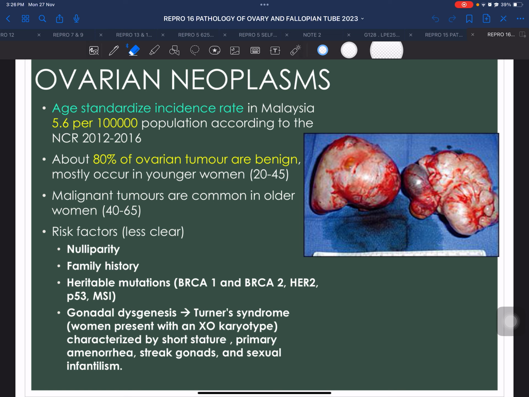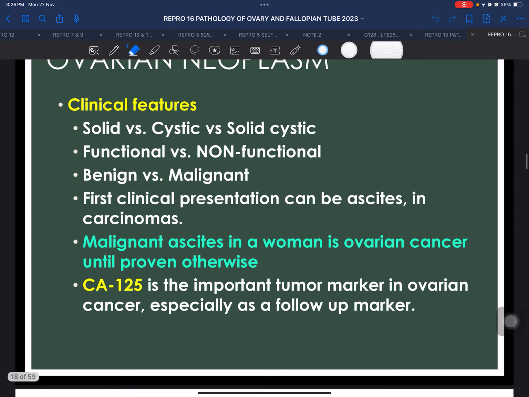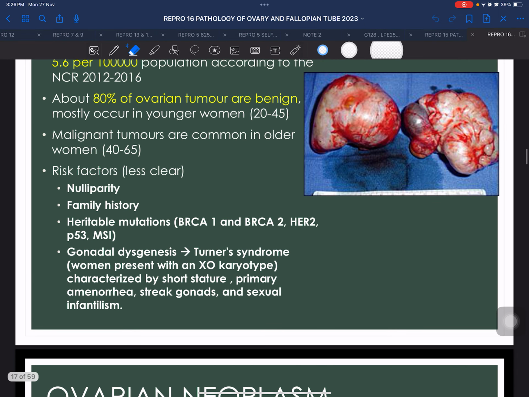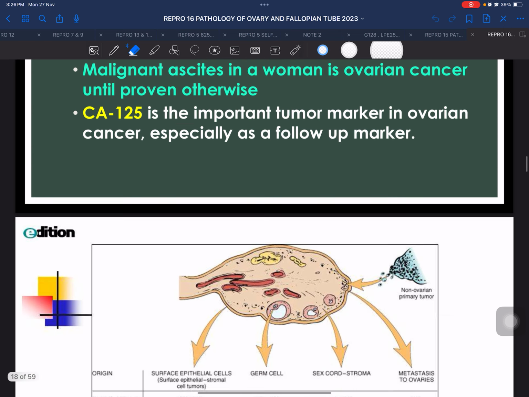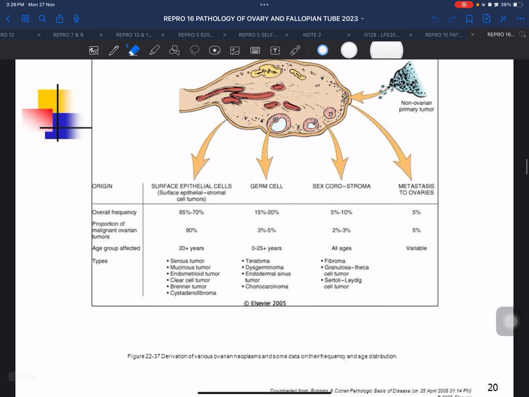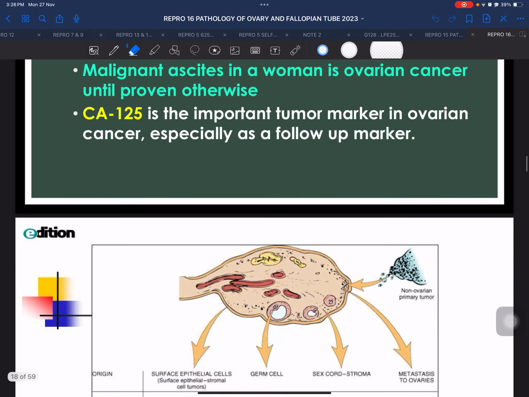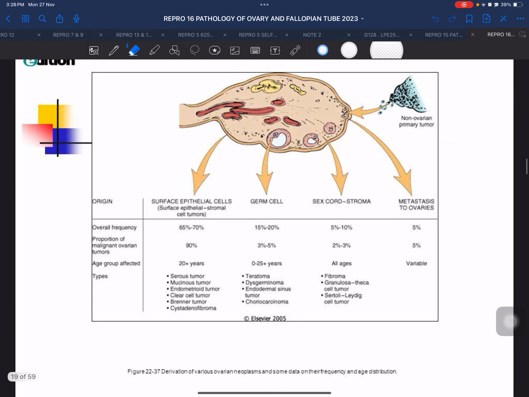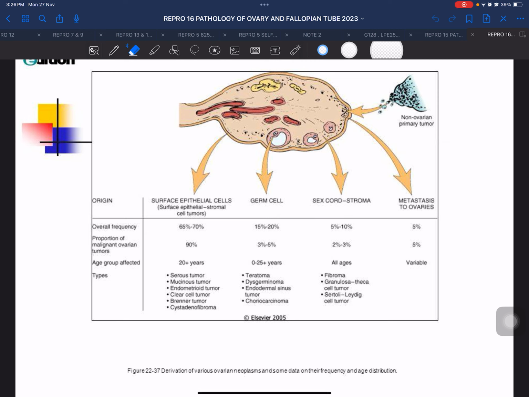Alright, so we know the 3 cellular components in the ovary. From there, we can guess what are the types of malignancy or neoplastic process that can occur in the ovary. So you have the surface epithelium, you have the germ cell, you have the sex cord and stroma. From each component, a neoplastic process can occur. So these are the primary tumors in the ovary.